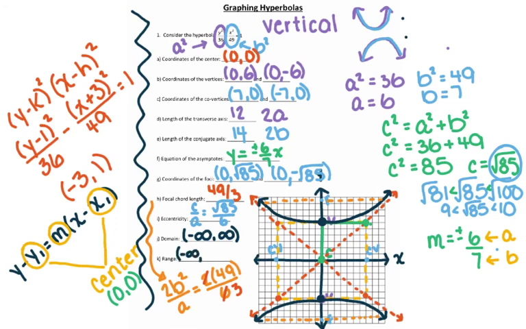And then we're stopping here at the vertex. So that was negative 6. U. And then it picks up again at positive 6 and it goes up to infinity. So with a hyperbola, either the domain or range, one of them will always be all reals. The other one will have that U in the middle.